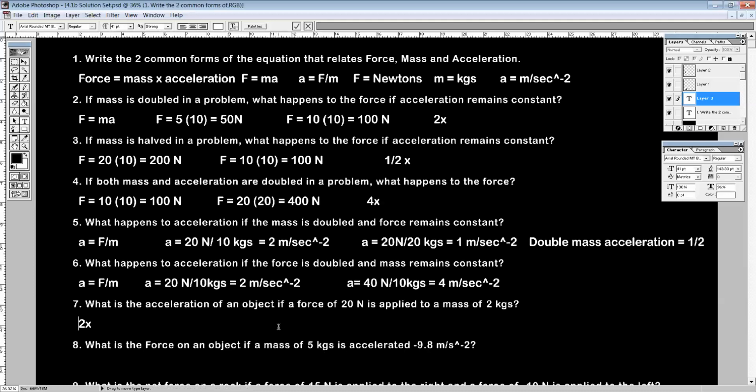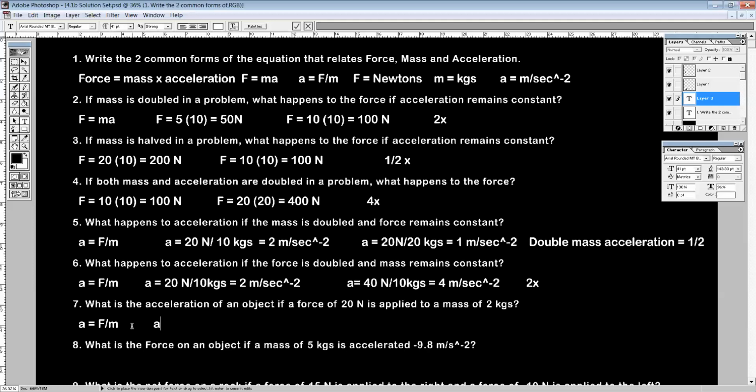All right, let's see, 2x, and let's get rid of that. What is the acceleration of an object if a force of 20 newtons is applied to a mass of 2 kilograms? So we have a straightforward calculation: acceleration is equal to force divided by mass.